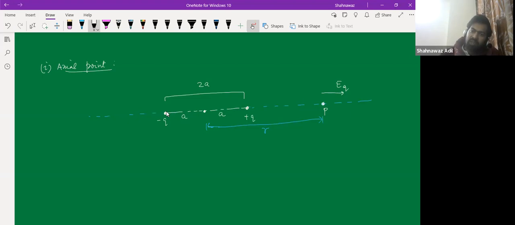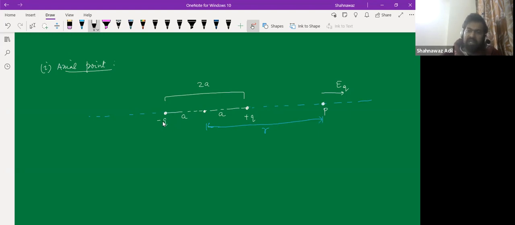And due to this minus Q, where would be the electric field, right or left? Remember, this is minus.